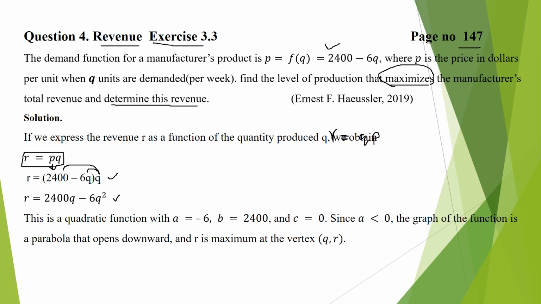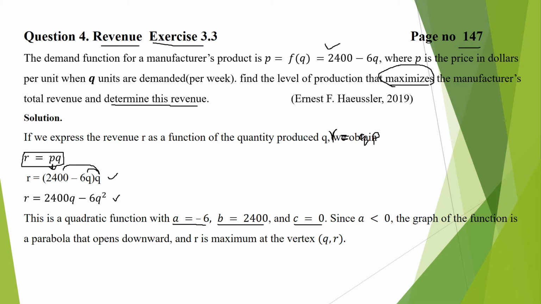Now dear student, this is a quadratic equation. If the revenue is equal to, let's suppose, 0, this is a quadratic function where the coefficient of q², which is a, is equal to -6, the value of b is equal to 2400, and the constant term is 0.